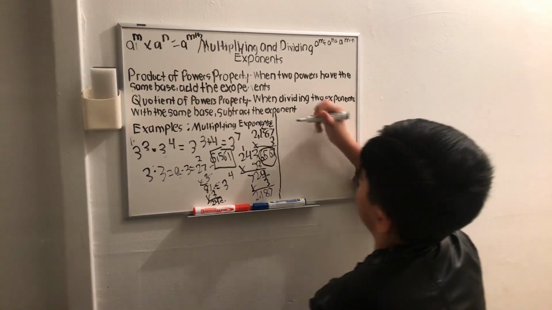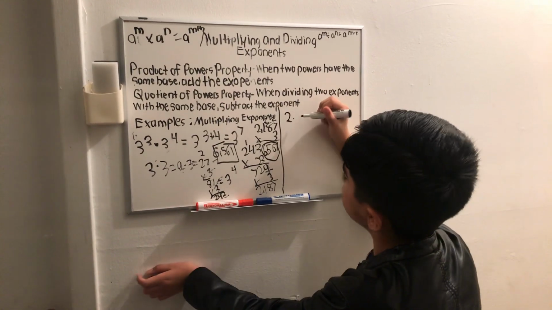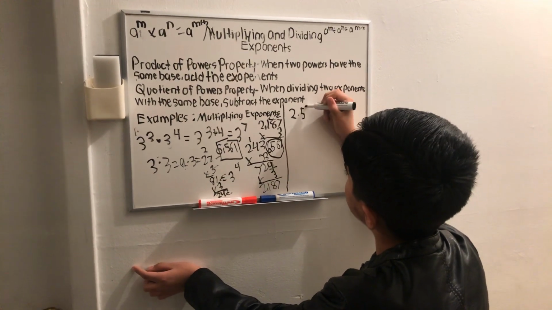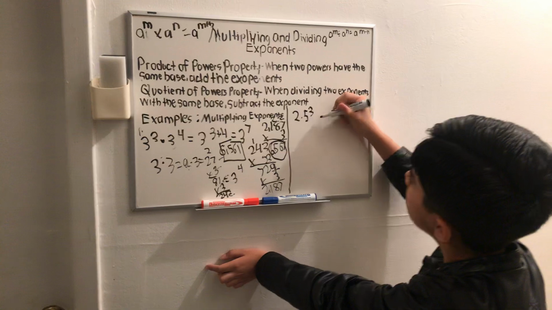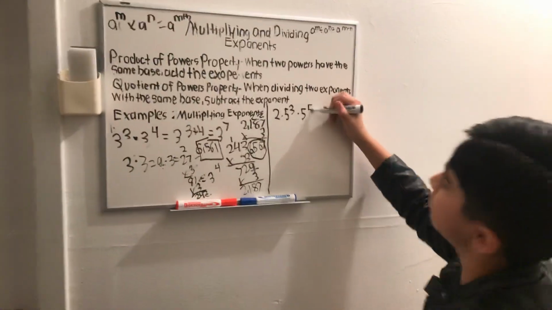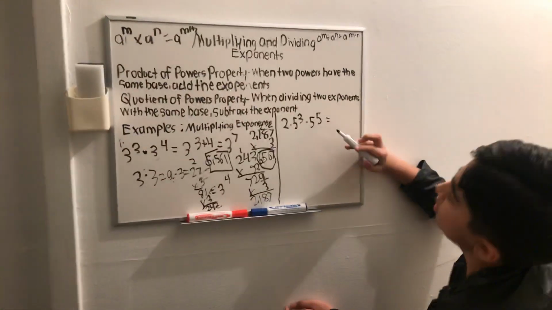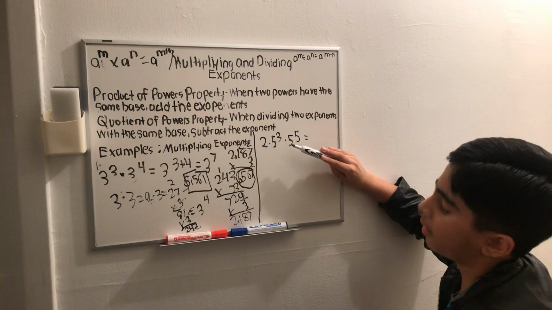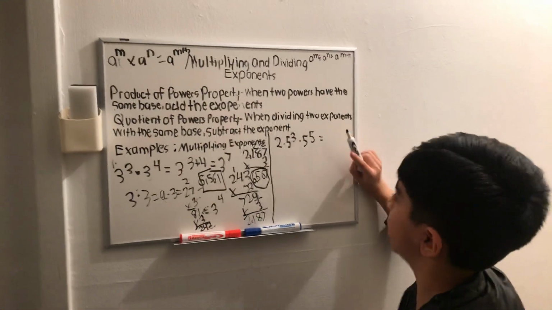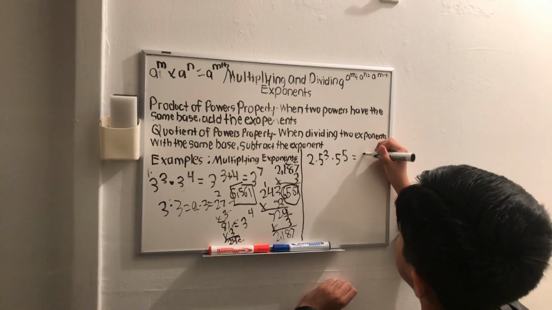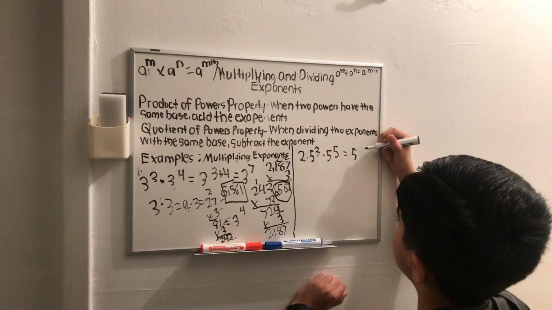Let me show you another example. So let's do 5 to the 3rd power times 5 to the 5th power. As you can see here, the expression says 5 to the 3rd power times 5 to the 5th power. Like the same thing here, you keep the base and you add the exponents.